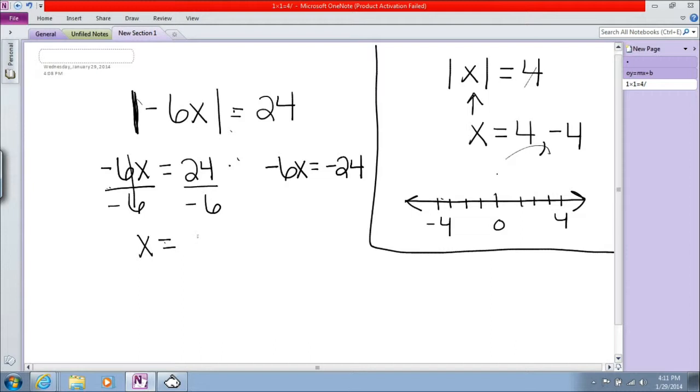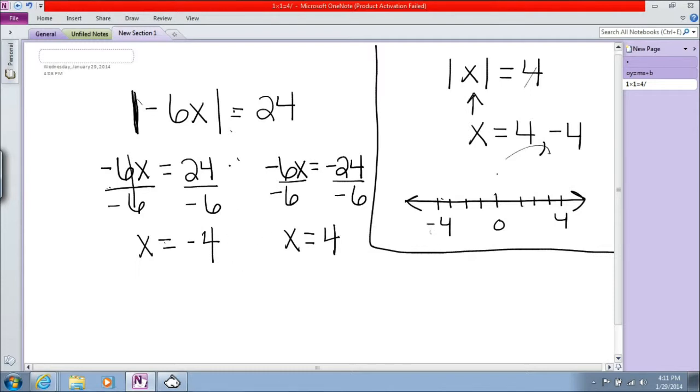And 24 divided by -6 gives you -4. So x equals -4 is our first solution. The second equation, same thing. To get x by itself, we'll divide by -6. And on the right side of the equation, we now have +4. So it just so works out that it's the same as the example that I gave.